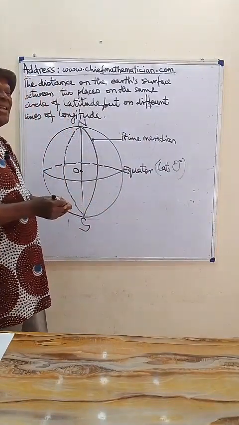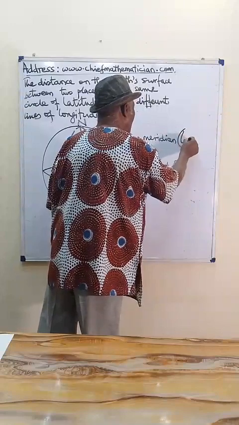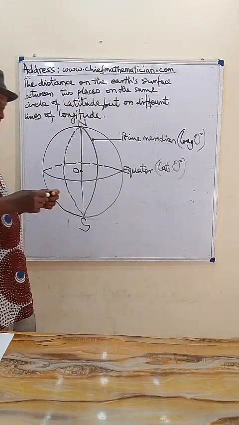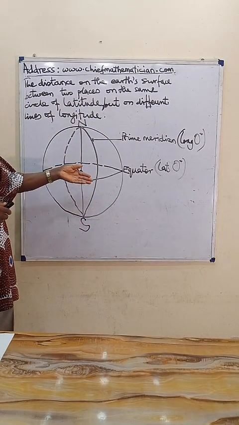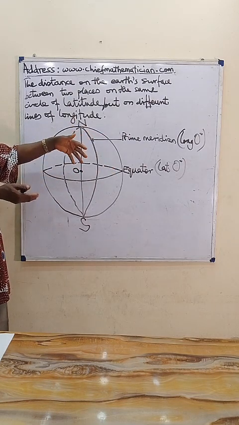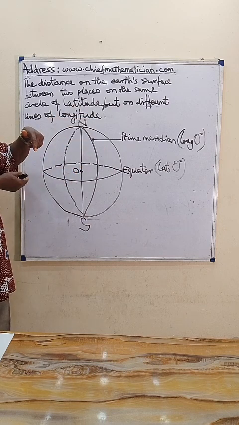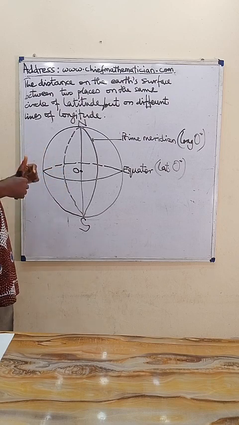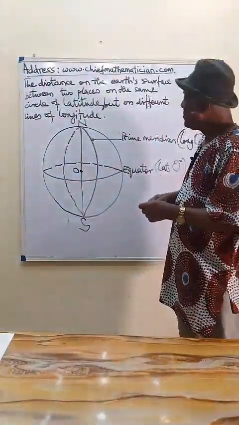And the prime meridian is longitude 0 degree. The equator serves as point of reference for the circles of latitude. The prime meridian serves as reference for the lines of longitude. Always bear that in mind.